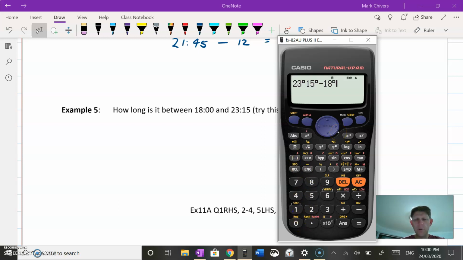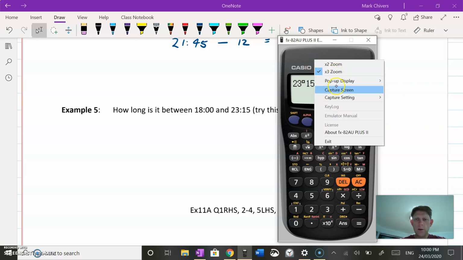I don't actually have to put the no minutes there, I can just leave it as 18 hours. But if you feel more comfortable, you can put the 0 minutes there, but it's not absolutely necessary. So we plug that into our calculator and we end up with 5 hours and 15 minutes, which makes sense. Between 6 o'clock and 11:15 is 5 hours and 15 minutes.